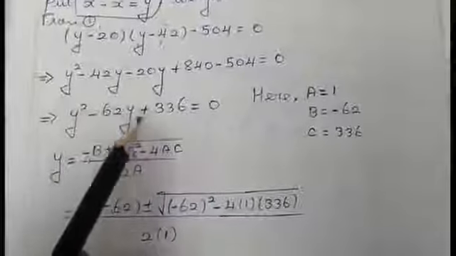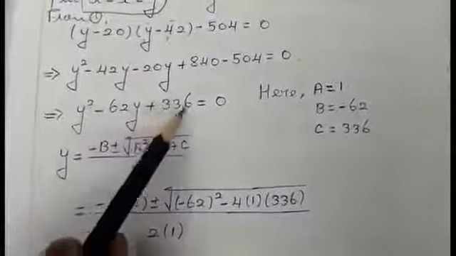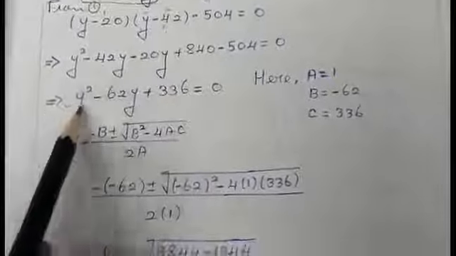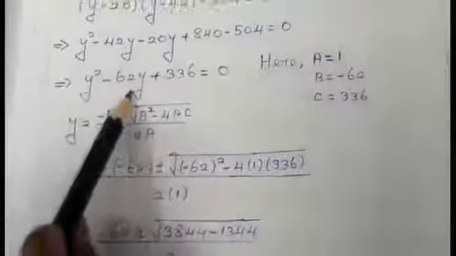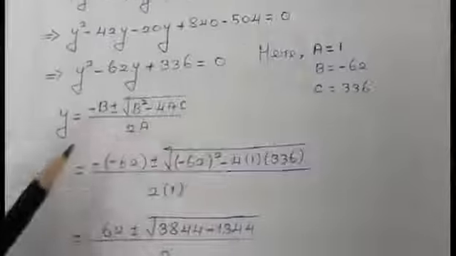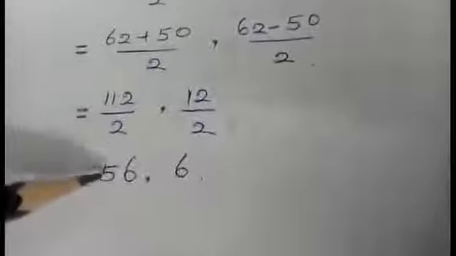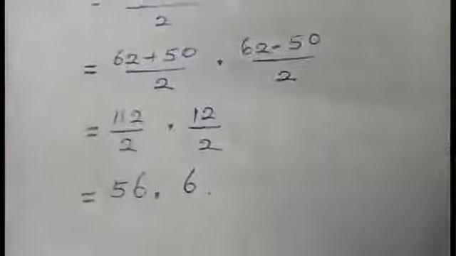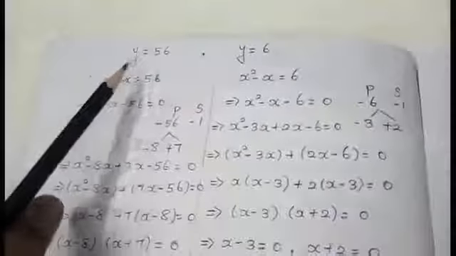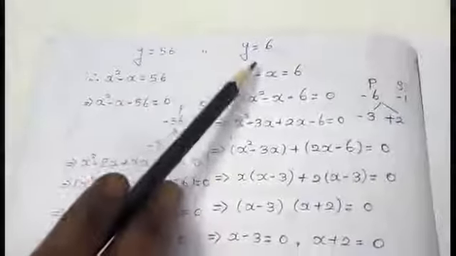That is y square minus 62y plus 336 equal to 0. This is again a quadratic equation. If you use the quadratic formula, you are going to simplify the terms, students. After simplifying, you will get the answer as 56, 6. So y equals 56, y equals 6, students.